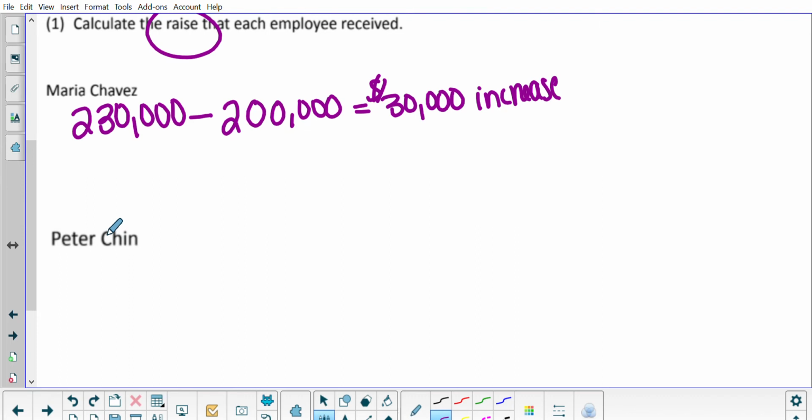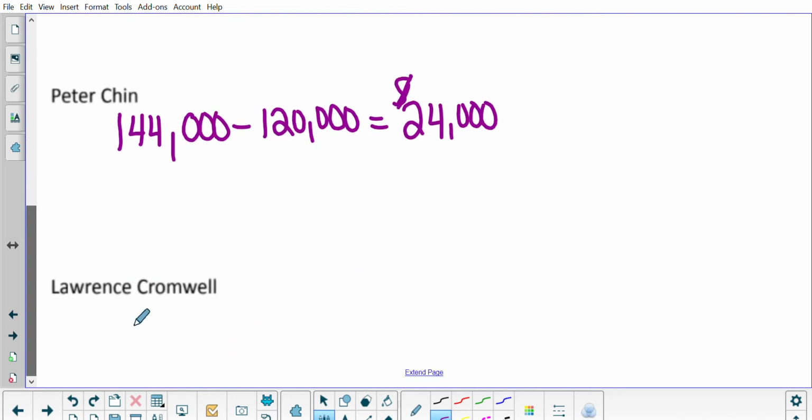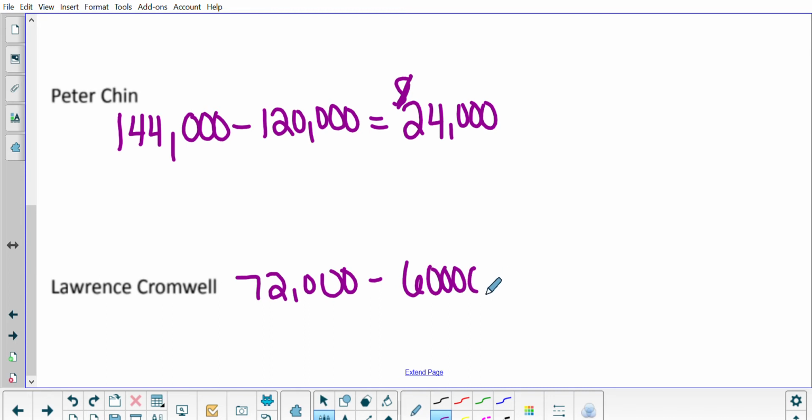Okay, so for Peter, again, you're going to do present minus past. So 144,000 minus 120,000, and I got an increase of 24,000. And then for Lawrence, it's 72,000 minus 60,000, that's 60,000, and the increase was 12,000.